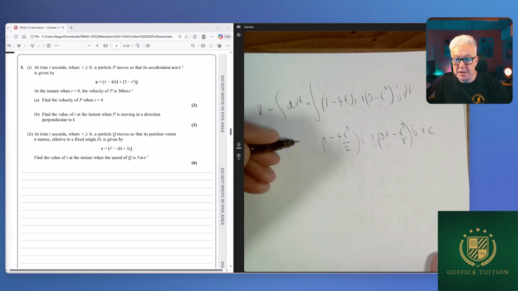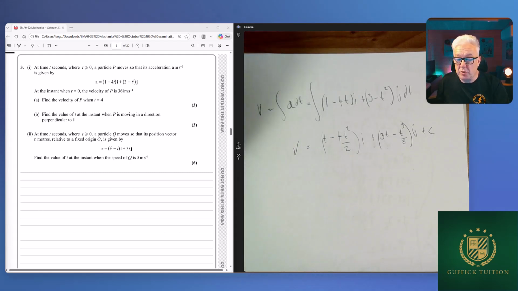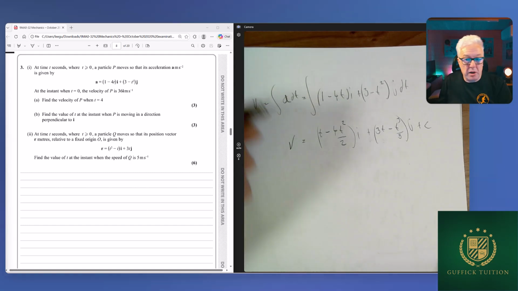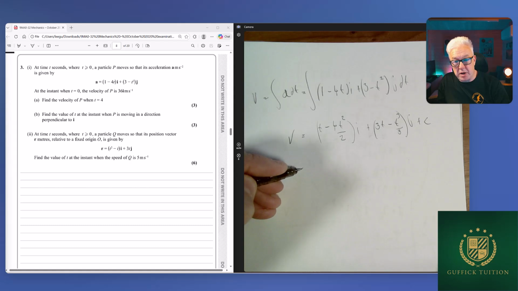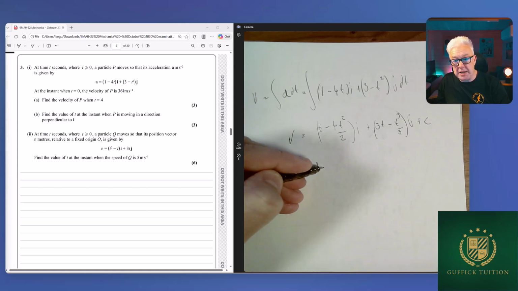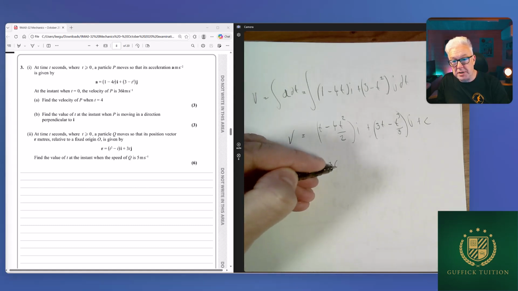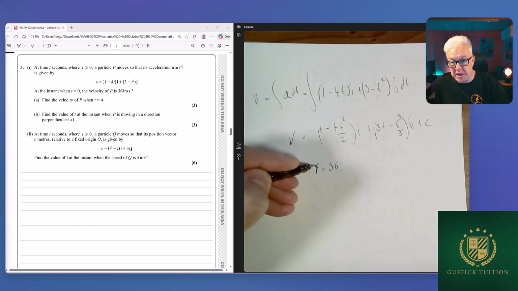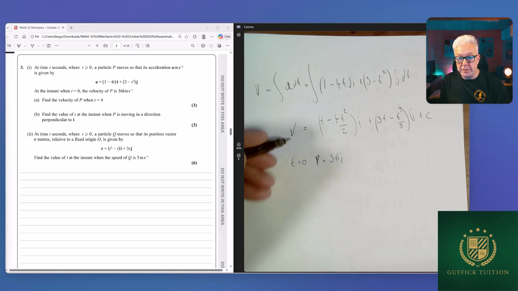So that's our general solution for the expression for the velocity. Now, at this stage we've got to sub in. We're told that at time t = 0, the velocity of P is 36i.